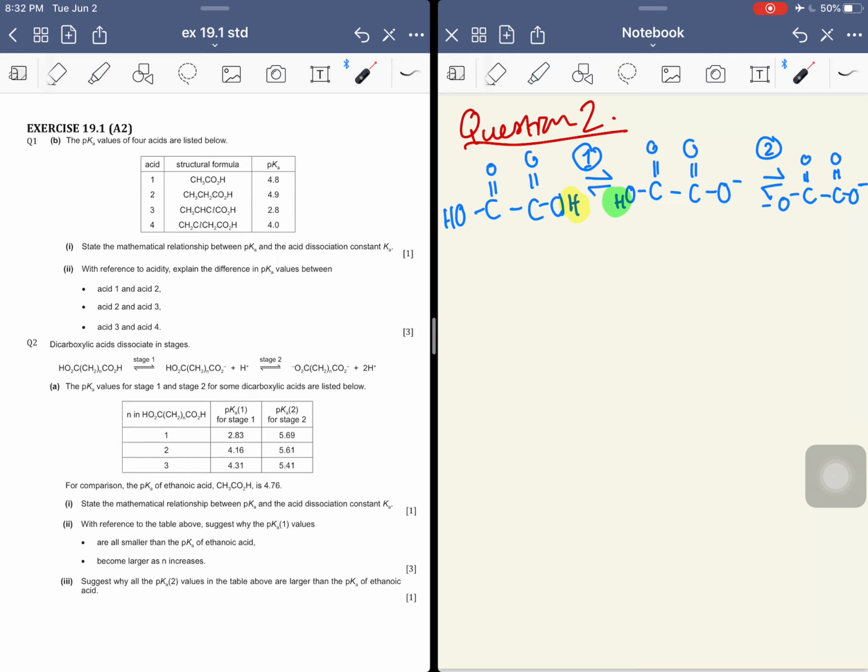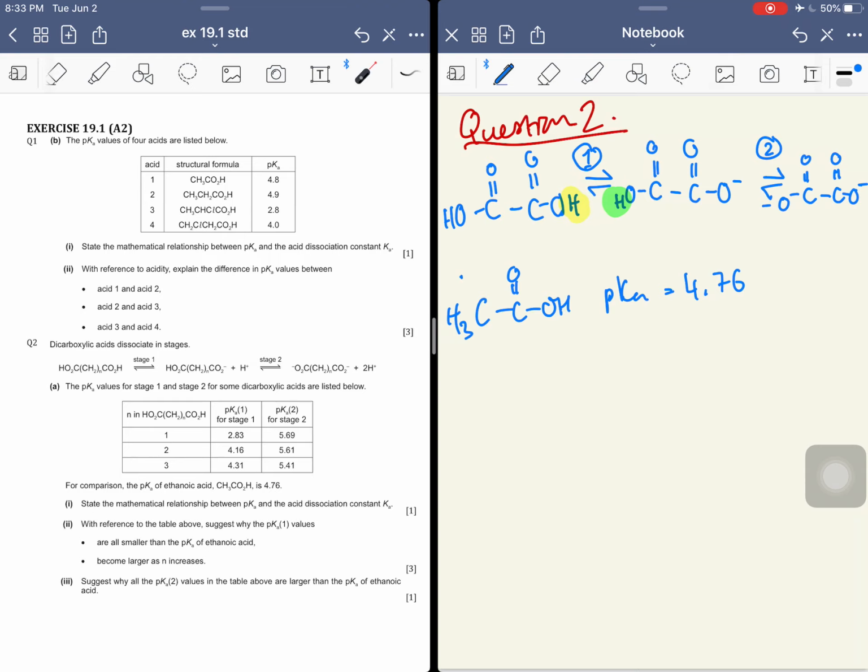If your pKa is low, that means you have a high ionization, your anion is stable. For comparison, the pKa of ethanoic acid is 4.76. Ethanoic acid is not in this question, but they just give it as reference.